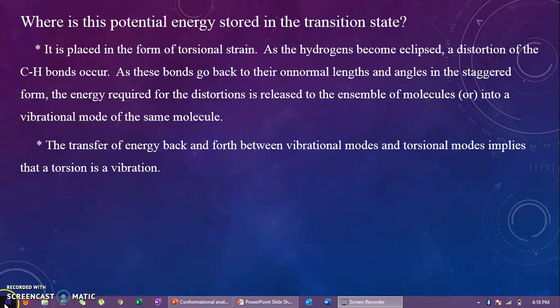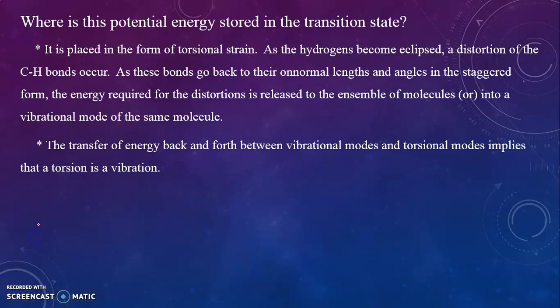The energy of the staggered form of ethane is 0, whereas the energy of the eclipsed form, also called the transition state, is 3 kilocalorie per mole. Now the question is, where is this 3 kilocalorie per mole of energy, also called potential energy, stored in the transition state? It is stored in the form of torsional strain.